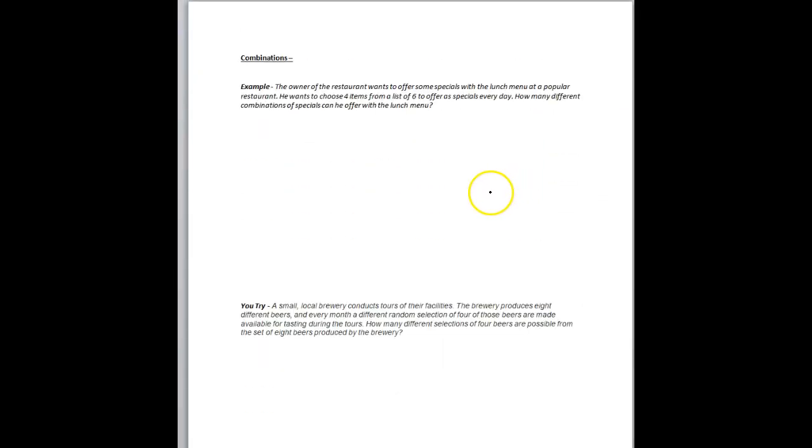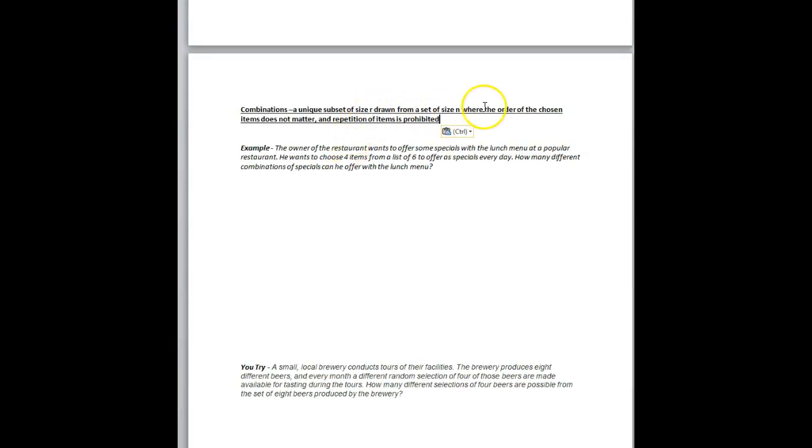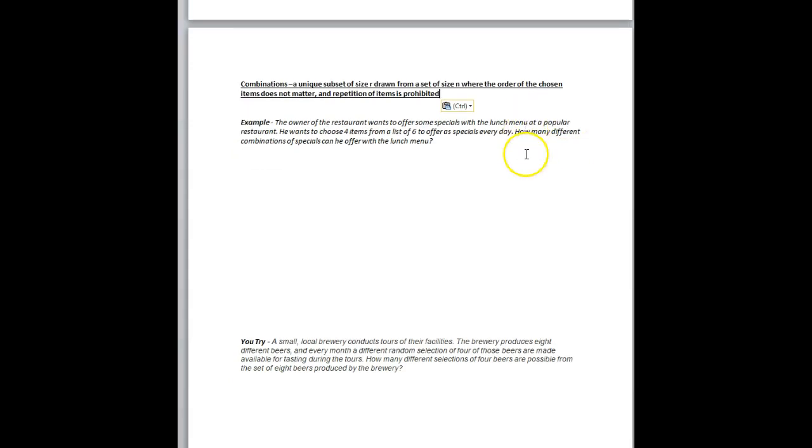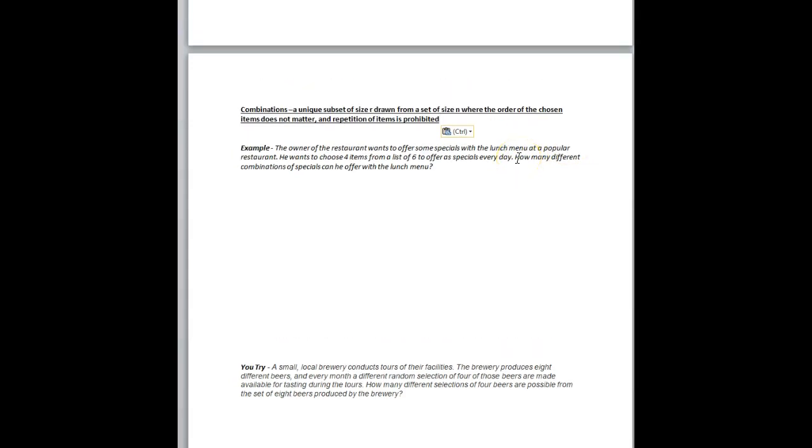So now we move on to combinations, which is a formula that's going to use the factorial function. A combination is a unique subset of size r drawn from a set of size n when the order of the chosen items does not matter and repetition of items is prohibited. I think the best way to show that is to do an example.